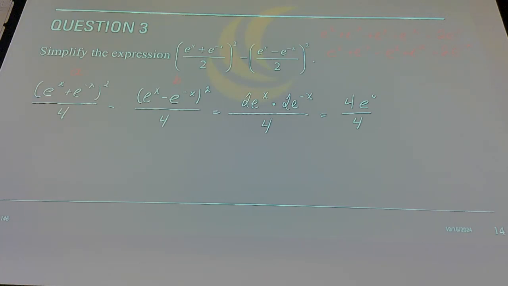No. Any non-zero number raised to the 0 power is what? It's 1, isn't it? So e to the 0 is what? It's 1. This simplifies down to 1.